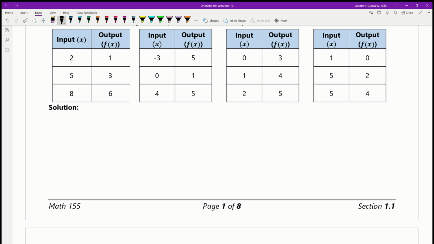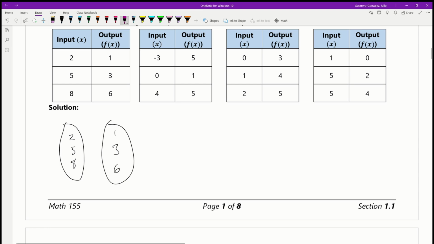We can do that using our blobs like we did before. Our inputs are going to be 2, 5, 8. Our outputs are going to be 1, 3, 6. The 2 goes to 1, the 5 goes to 3, and the 8 goes to 6. This one's good. No problem.